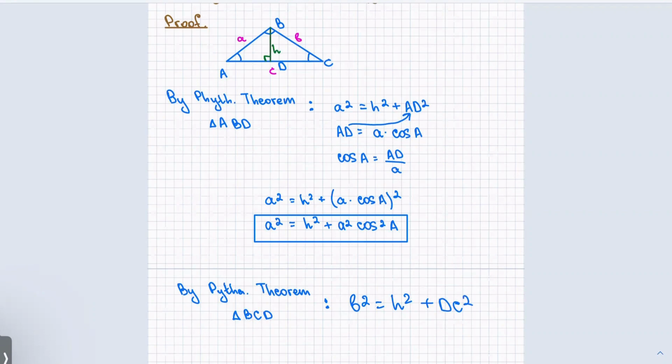But now, similarly, what can we write here? Let's see. We know what the sine of C will be. So we can apply it.